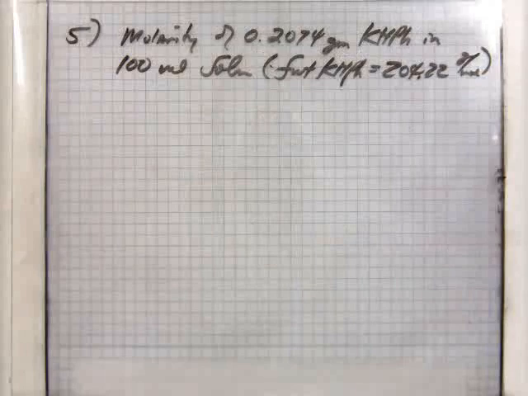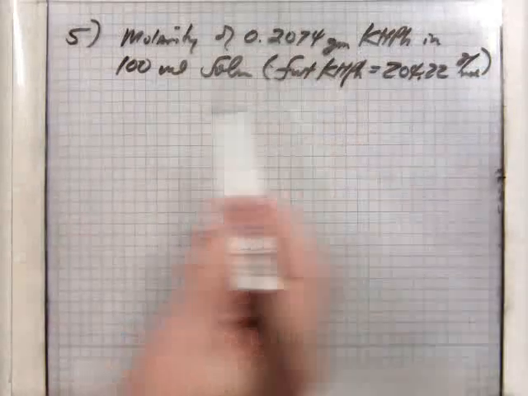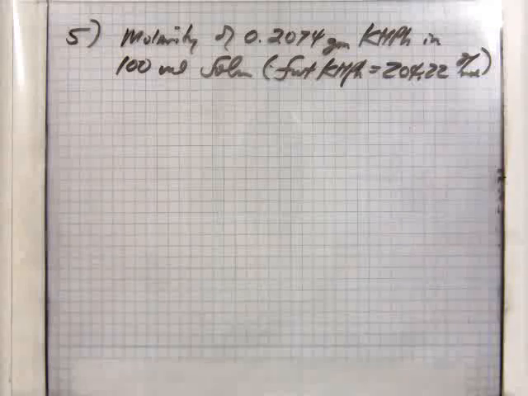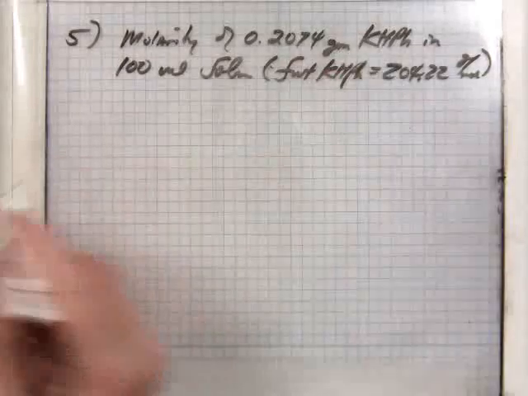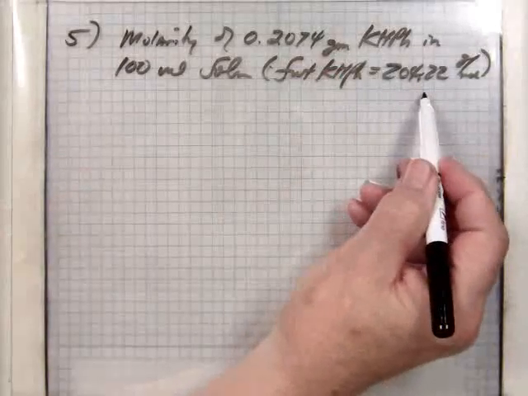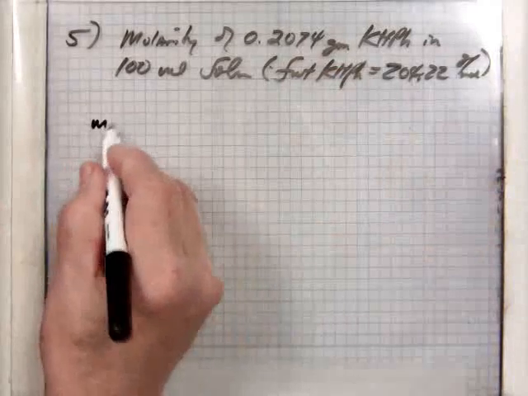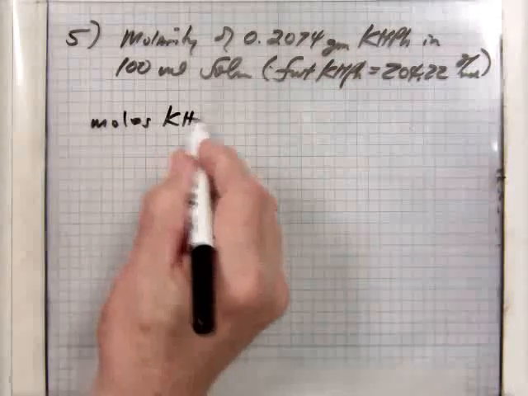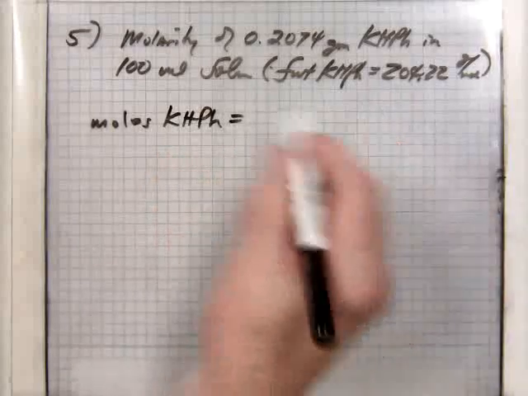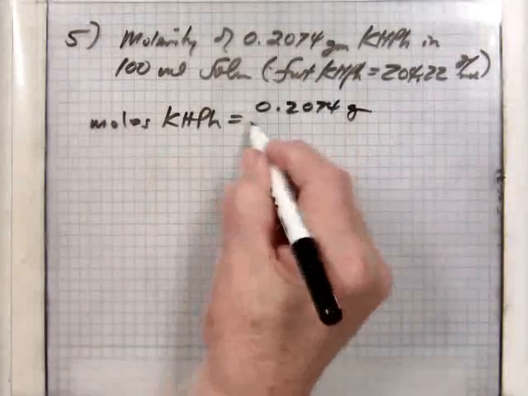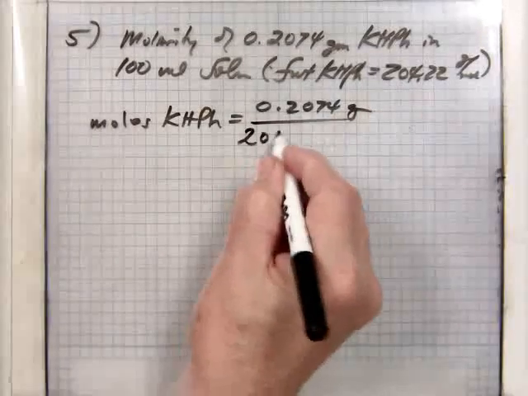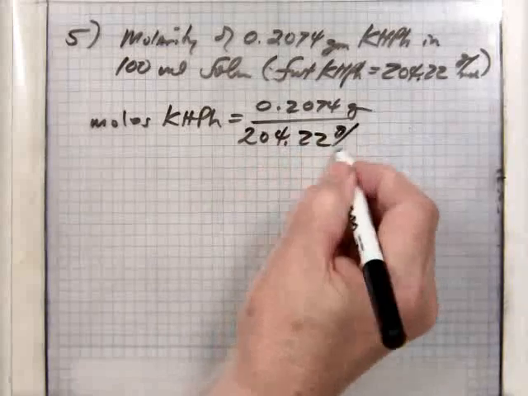So what's the molarity of putting this many grams in 100 milliliters of solution? So it's still moles over volume in liters of solution. But we need the moles of KHPH, and given 204.22 is the formula weight, then moles of KHPH is grams, 0.2074 grams divided by 204.22 grams per mole.